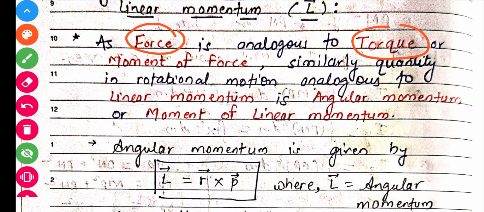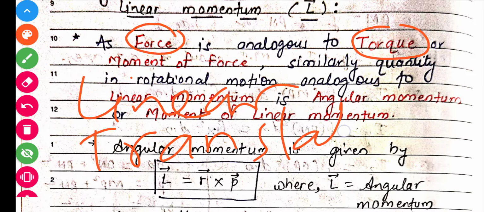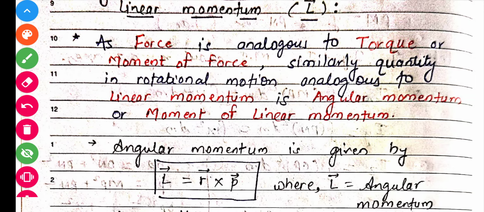Force is a quantity discussed in linear motion, or translational motion. But in angular motion, or rotational motion, instead of force, we talk about torque.